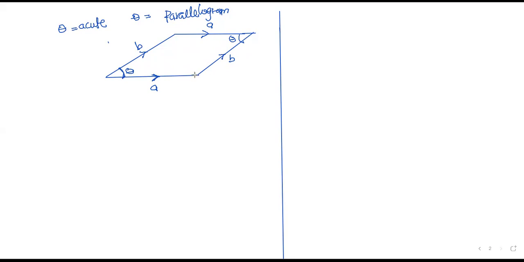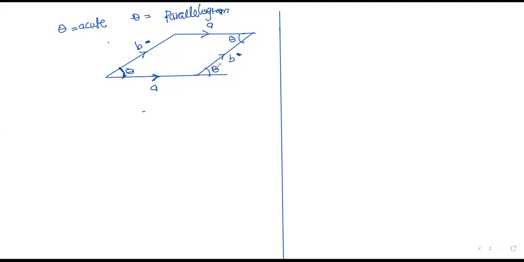So when we extend the x-axis or the east axis, because this side is parallel to this side, the angle between the x-axis and this must be the same. So if this is theta, this will also be theta.